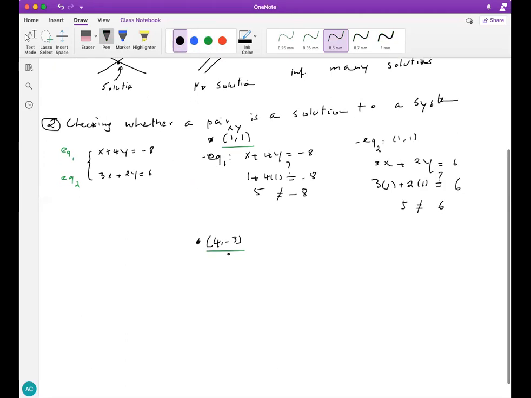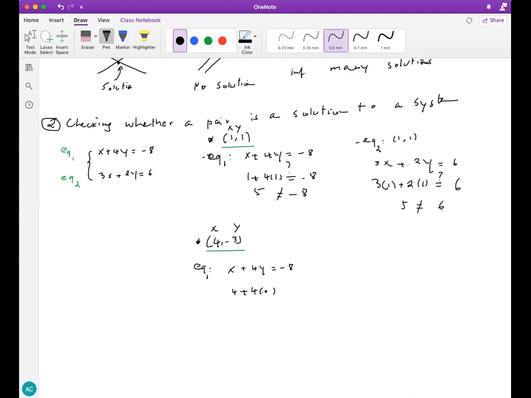Now let's plug this into this. So equation 1, the x plus 4y is negative 8. The pair is x and y, so it's going to be x, which is 4, plus 4 times y.